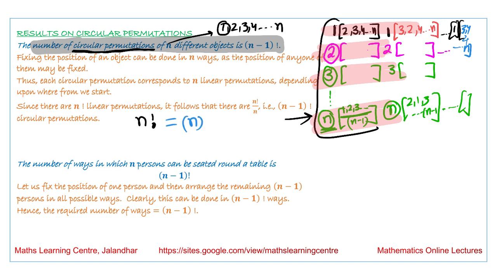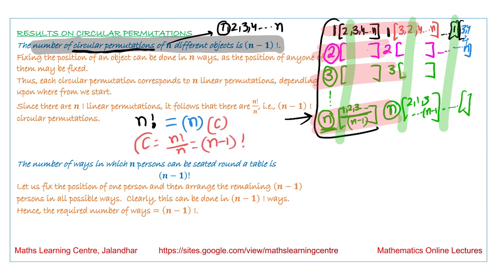The total number of columns, first column, second column, third column, and so on, suppose it is C. So the value of C is n factorial over n, which is equal to (n minus 1) factorial.